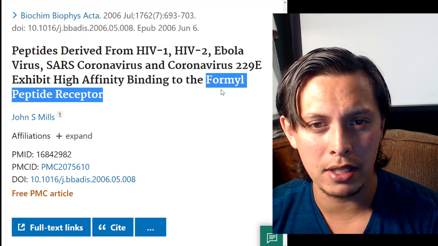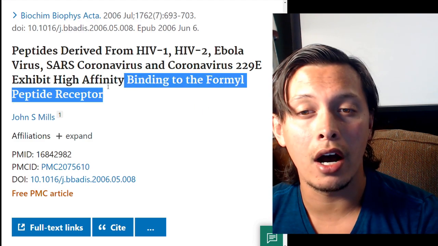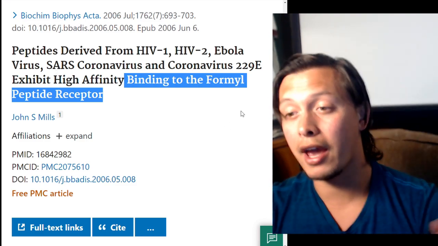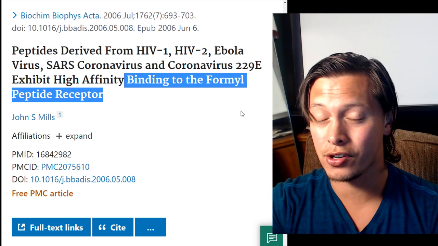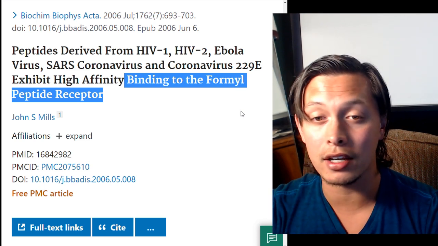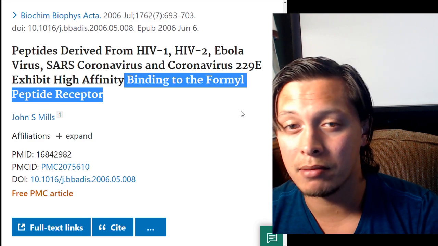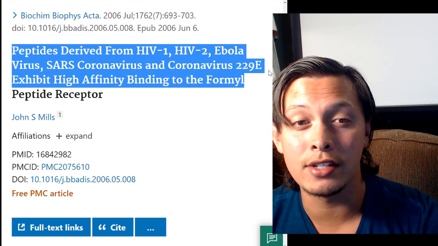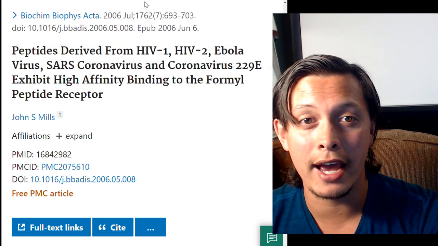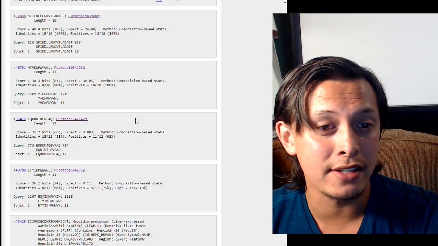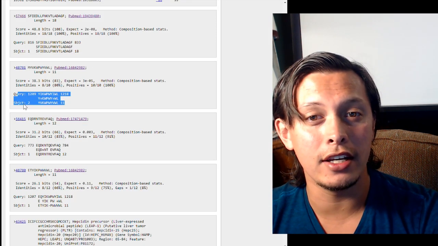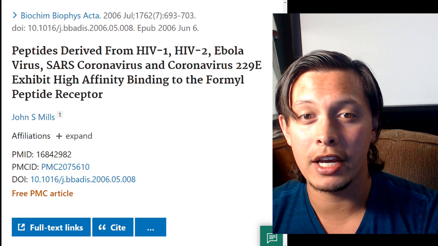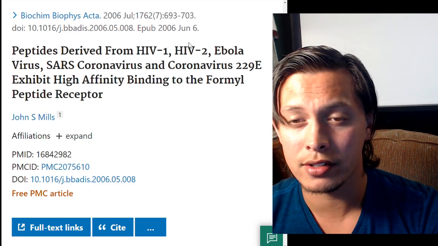So maybe, if we're going to step back and take a wild assumption, and we'd actually have to scour the literature to see if this is actually a link, maybe the reason why some people have issues smelling and tasting, for instance, is because of this particular peptide that has high homology in the SARS-2 coronavirus and is conserved in a lot of other viruses that are also pretty darn serious.